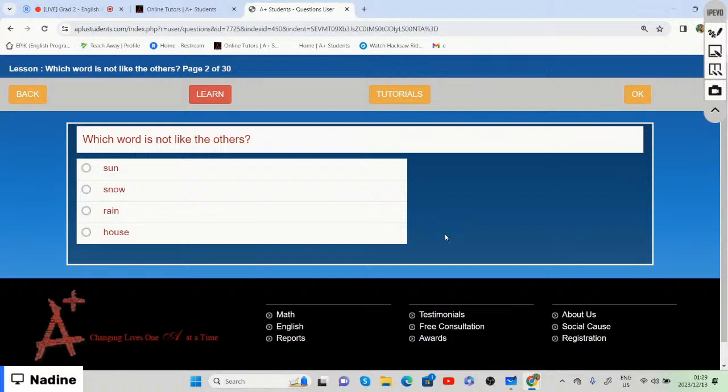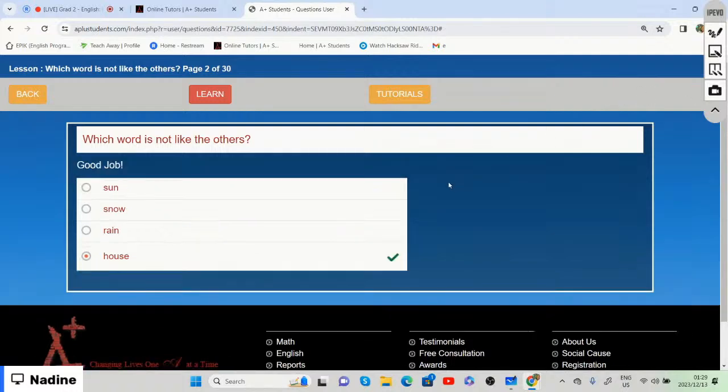All right. So if we look at a specific word that is not related to the others, we can say it's house, right? Because we have sun, the sun is out, it's hot, or it is snowing, so now it's cold, or it is raining, right? Those are basically just to do with the weather. So the word that is not related is house. And house is correct.